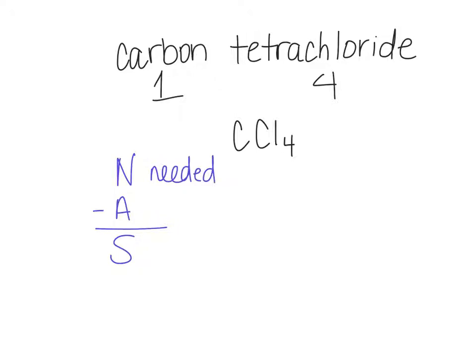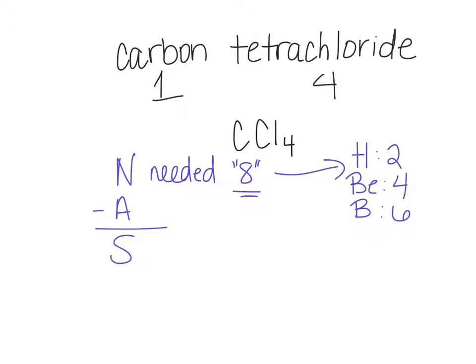Needed is basically what does it mean to have the full outer shell. So for the most part, this number is going to be 8. A couple exceptions to this is hydrogen only needs 2, beryllium only needs 4, boron only needs 6. Other than that, the answer to that question is going to be 8 for each atom.